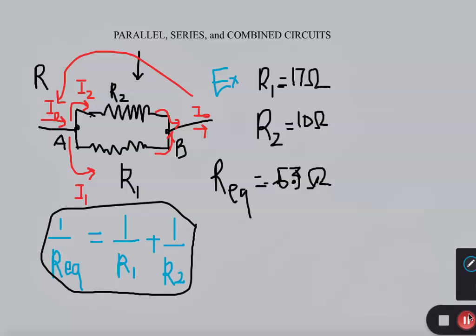Okay, the next step is, if we have something in series, an example of resistors in series is like this. This is the 17 ohms, for example, and this is combined with another resistance here. This is 10 ohms.